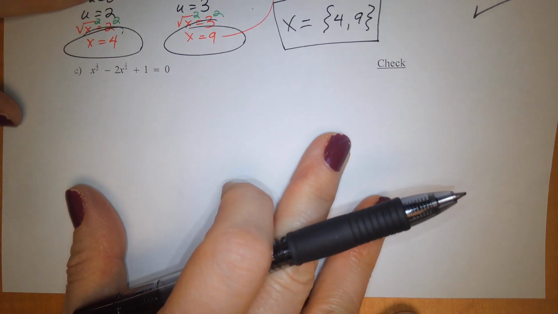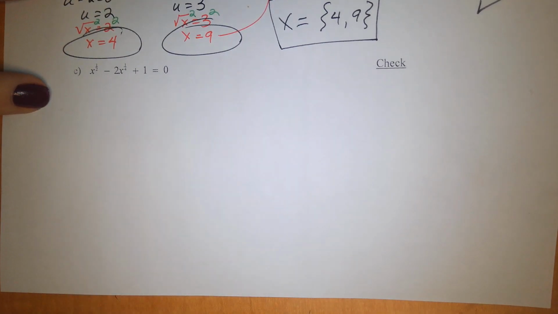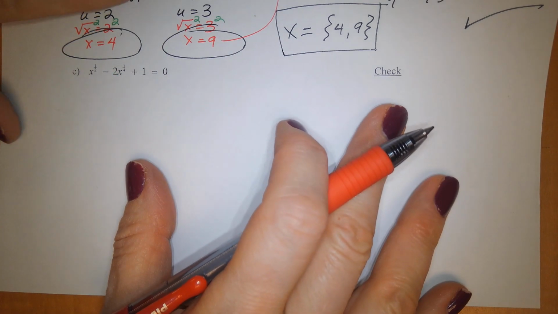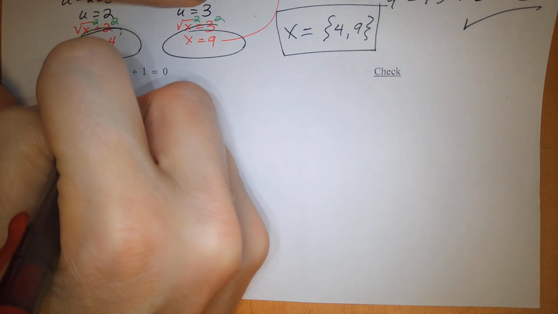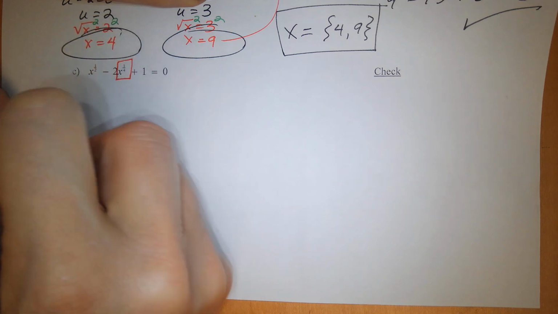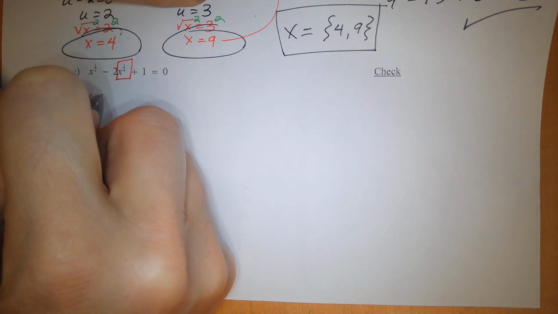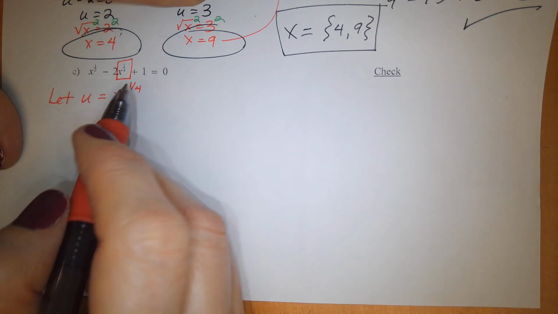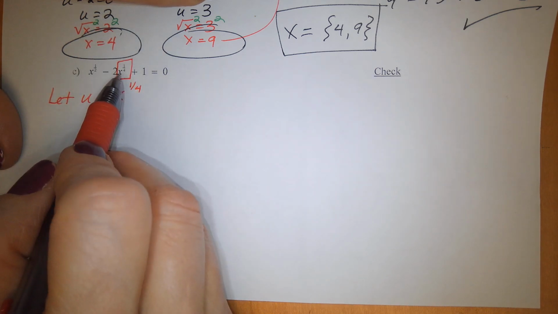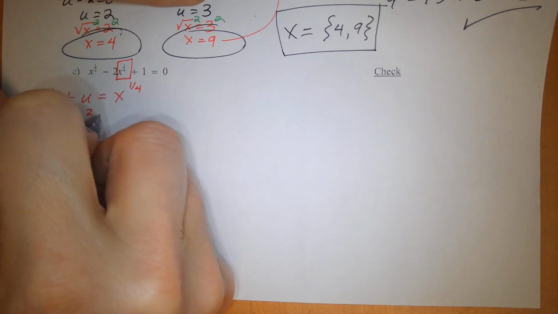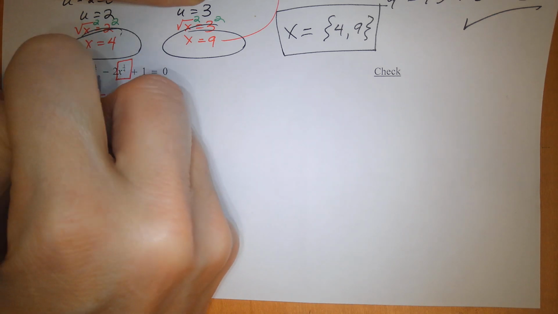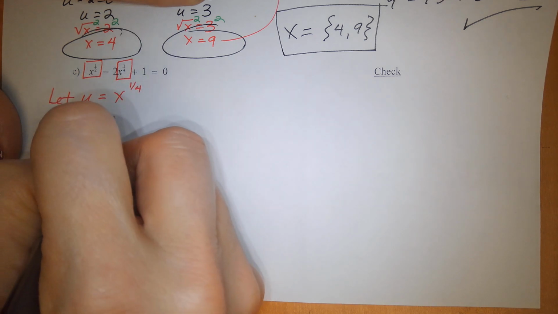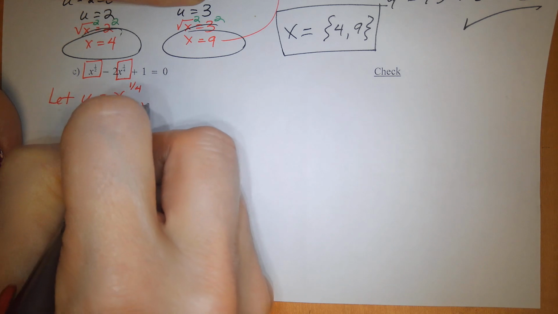Let's try another one. Again, remember from the original instructions, it says let the middle term be equal to u. So we're going to let u equal x to the 1/4 power. If we let the middle term equal to that, we have to make sure that u squared is equal to the first term. u squared is going to be all of this squared.